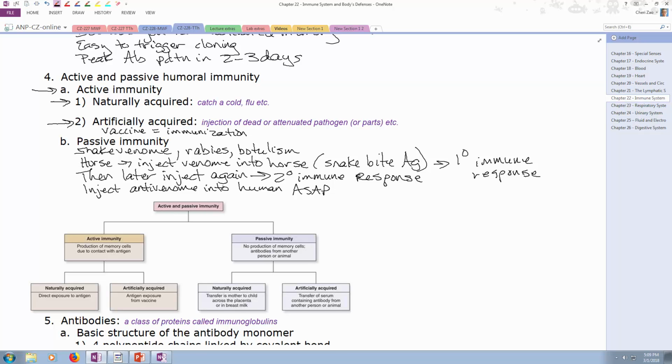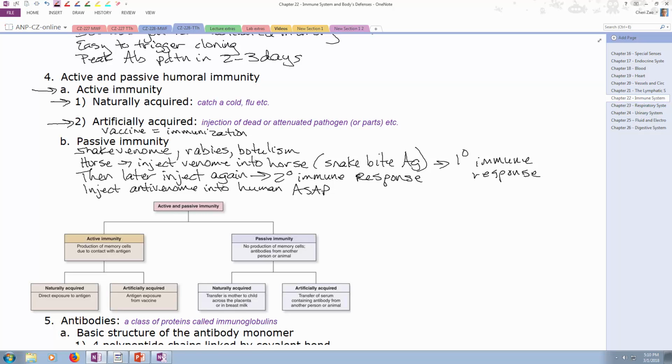Now, let me ask you, though, are those antibodies being injected into you going to be viewed by your immune system as good or bad? Bad. So what will you do when somebody injects anti-venom into you? What will you do to the anti-venom? You will get a primary immune response to the anti-venom.